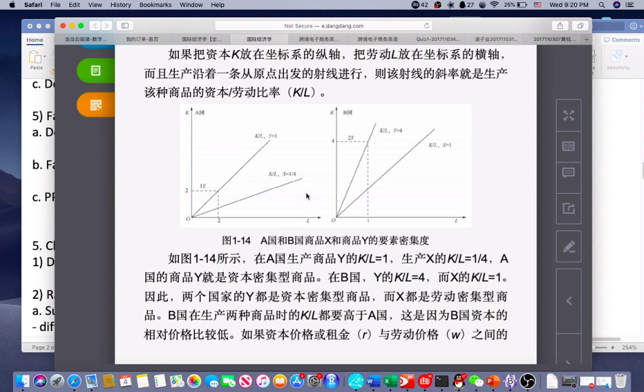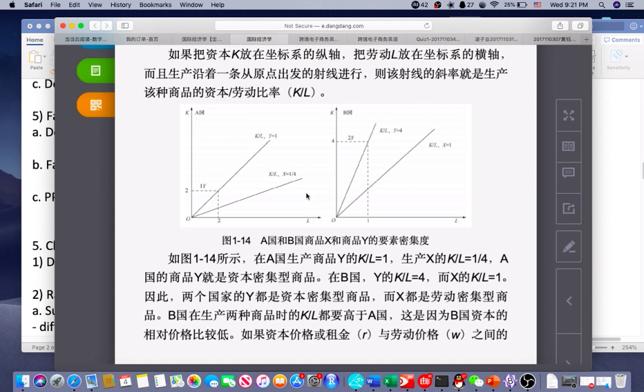Commodity Y is labor intensive. Commodity Y is capital intensive. But the commodity X is labor intensive.